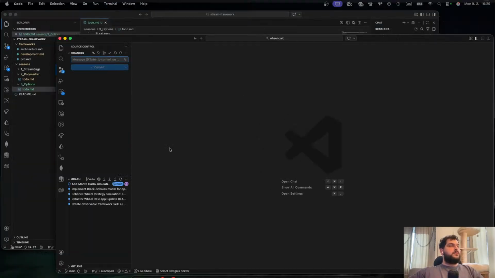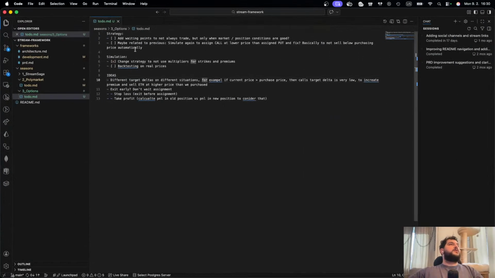Let's also take a look at what I had here. To add waiting points, do not always trade, but only when market conditions are good. I think this is what we are basically doing right now, right?